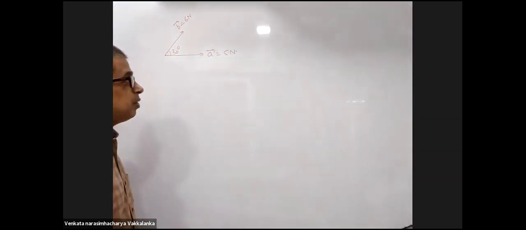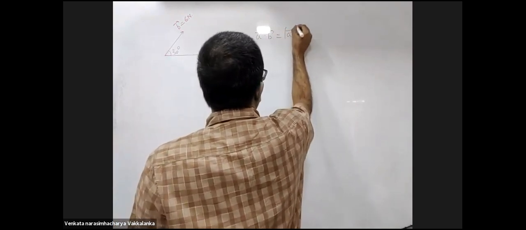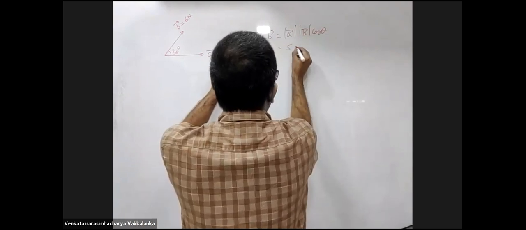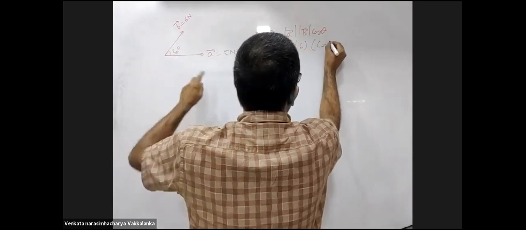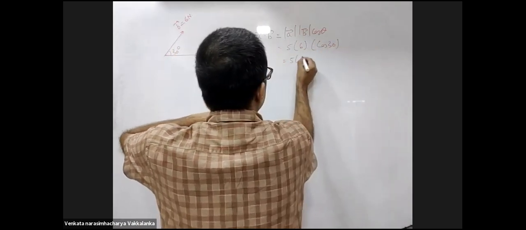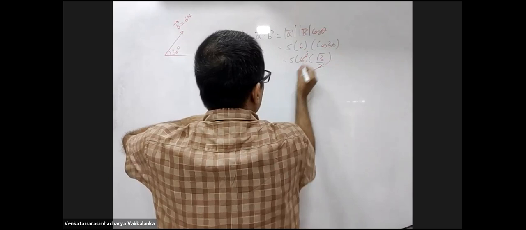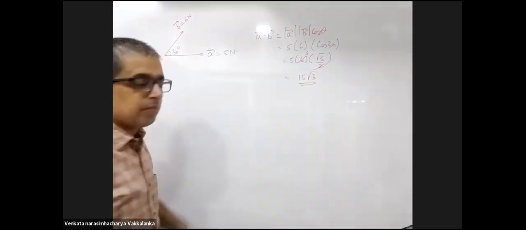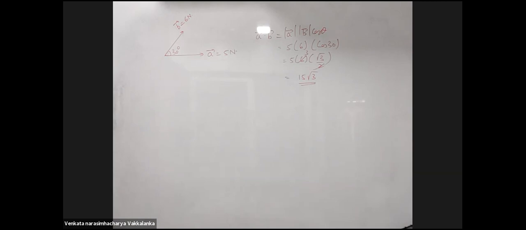They ask for A dot B, which is magnitude of A into magnitude of B into cos theta: 5 into 6 into cos 30, root 3 by 2. This will be 15 root 3. You are getting a magnitude because A dot B is a scalar.